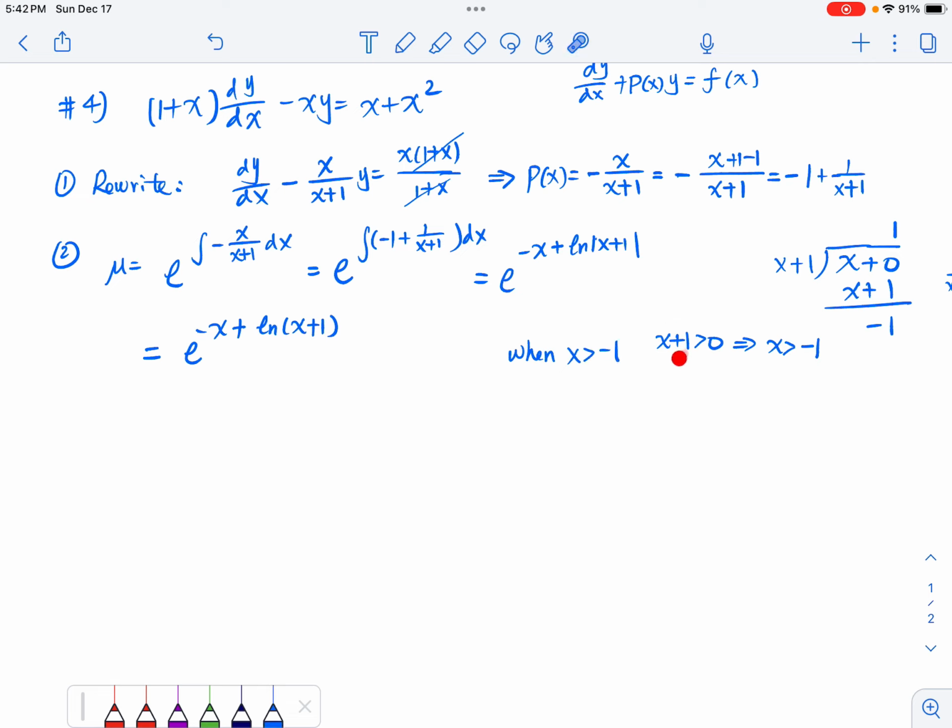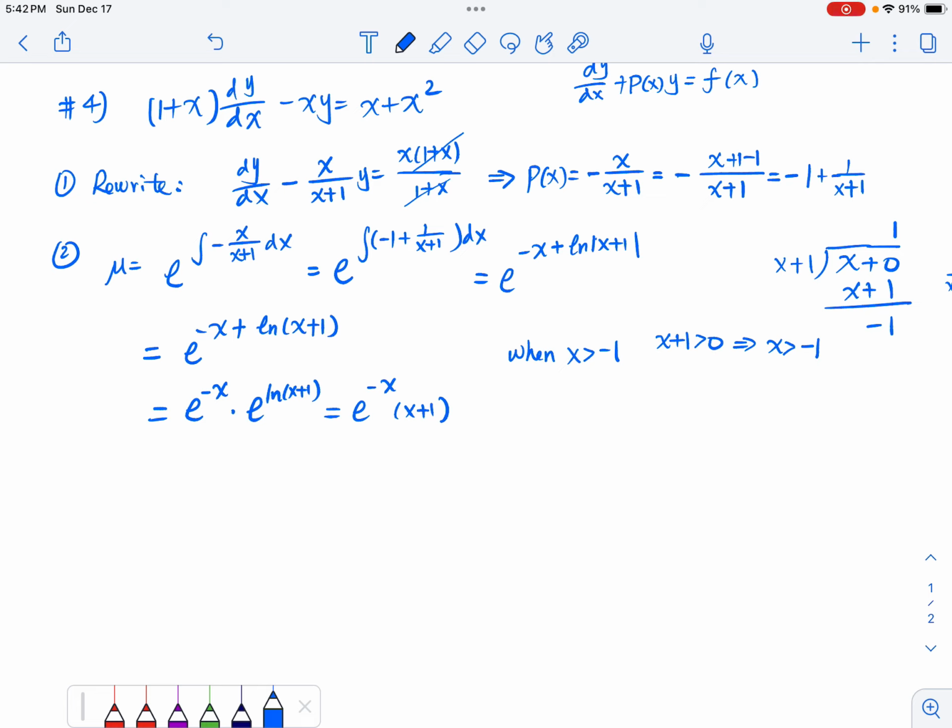Because in this case, x plus 1 is going to be positive. We don't need the absolute value sign. So this is the domain that I will be using. And let's rewrite this integrating factor as e to the negative x times e to the ln of x plus 1, which is e to the negative x times x plus 1. So this is the integrating factor.